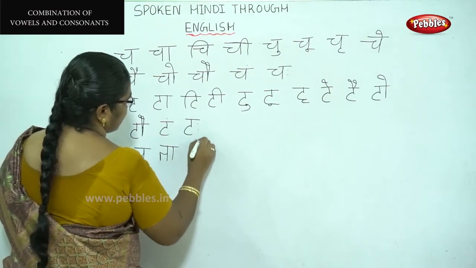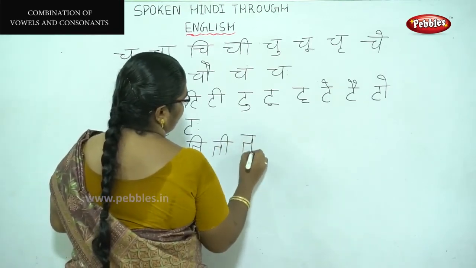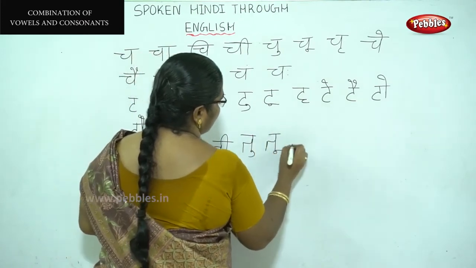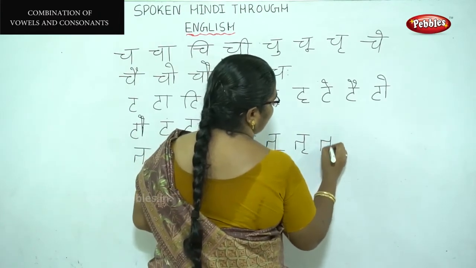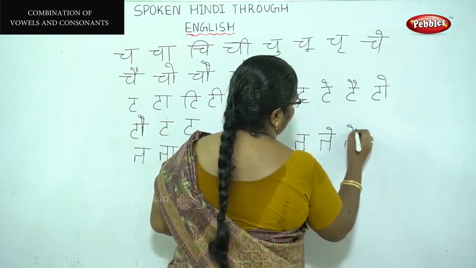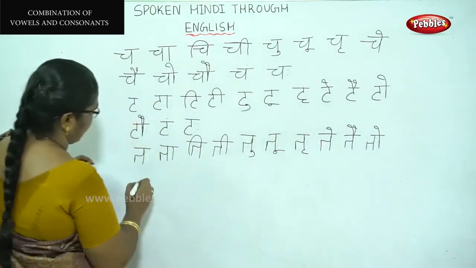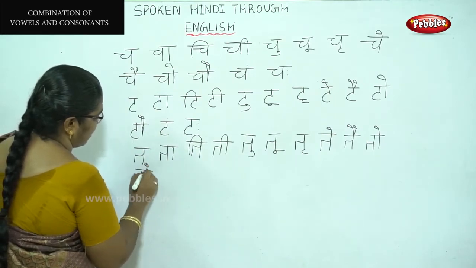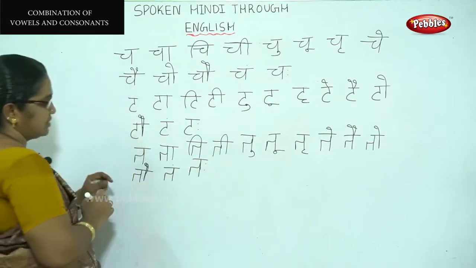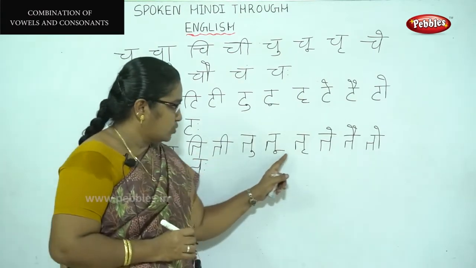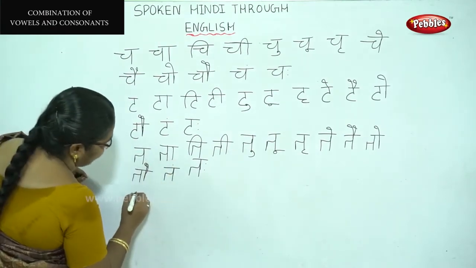Ta, ti, tu, tru, te, tai, to, tau, tam, tah. The next line is pa.